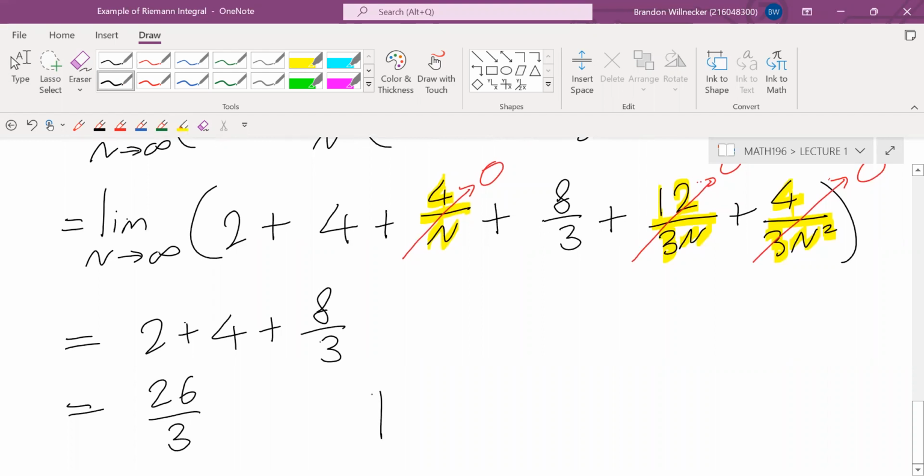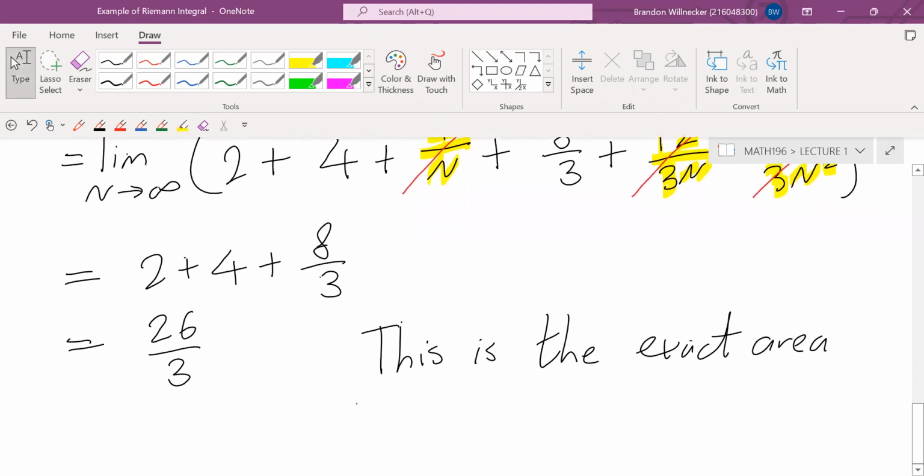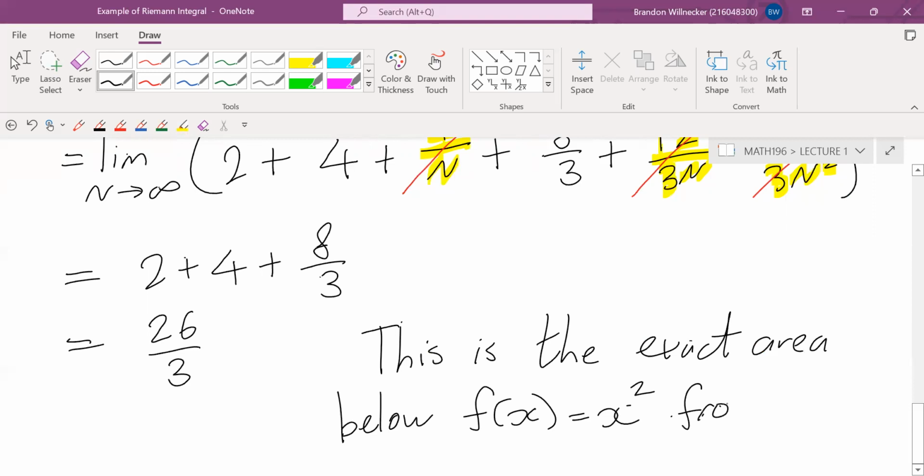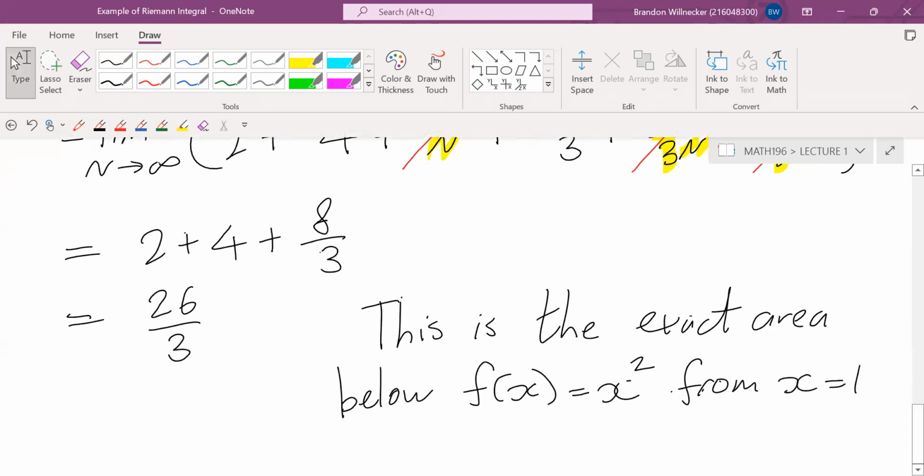So this is the exact area below f of x is equal to x squared from x equals 1 to x equals 3. Okay, so that's the area below the curve.